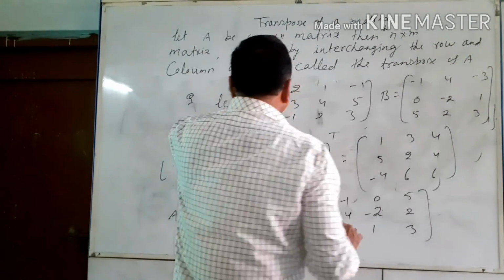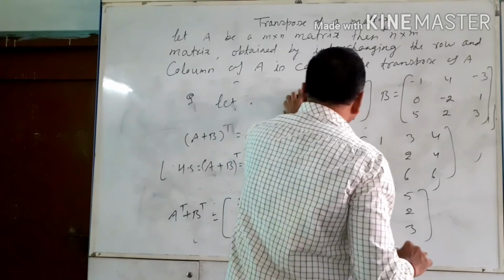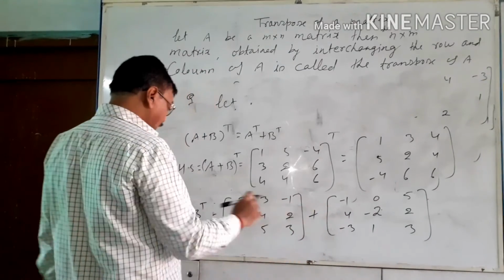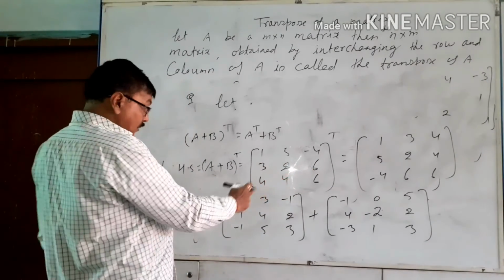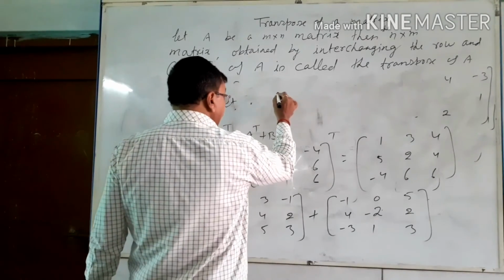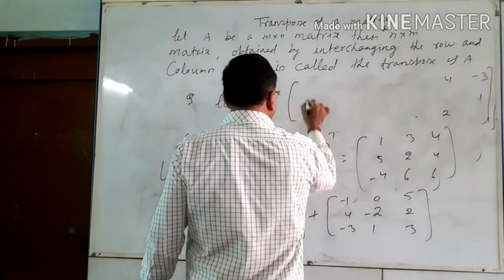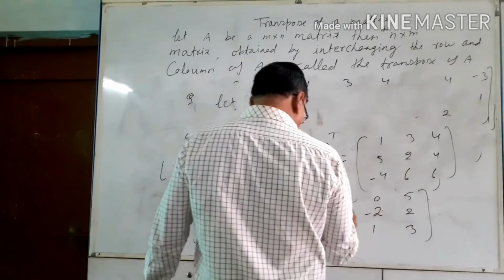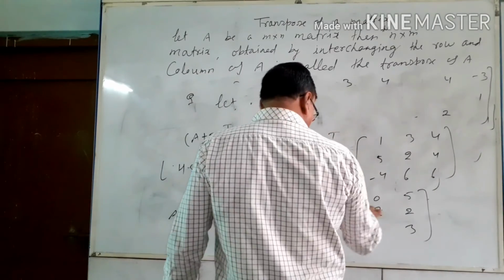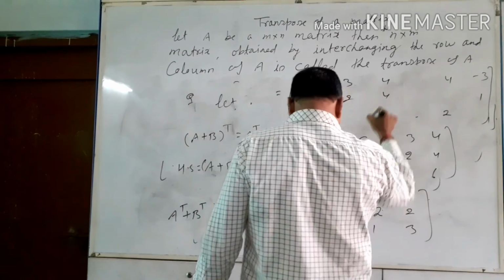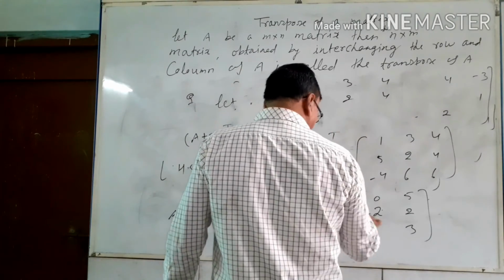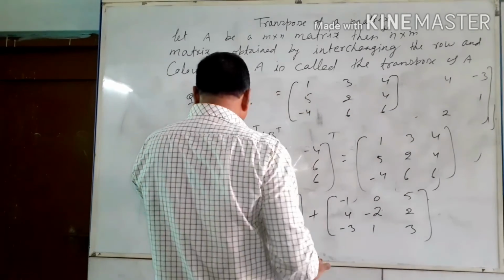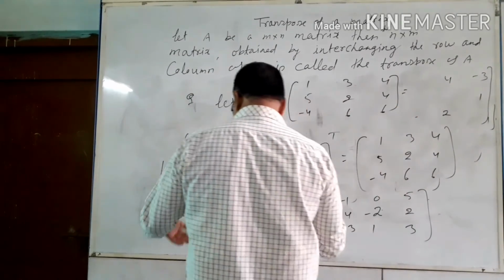See here, the entries are added and the result will be 2 minus 1, 3 minus 1, 5 4, 1 4 5, 4 minus 2, 2 4, minus 1 minus 3 minus 4, 5 1 6, and 3 3 6. It's equal to the LHS. It's the RHS.